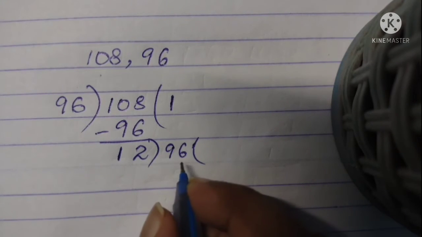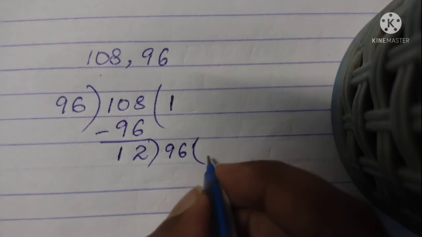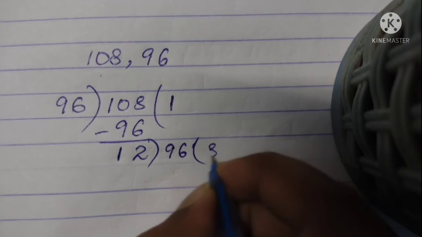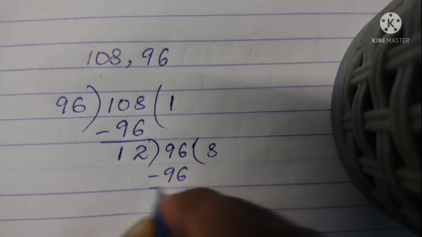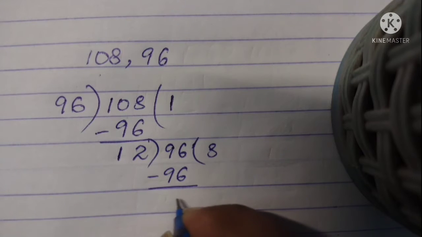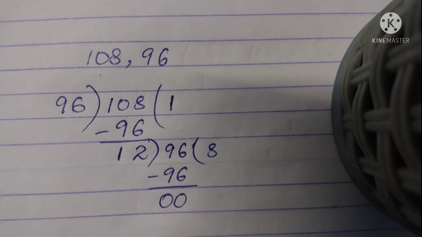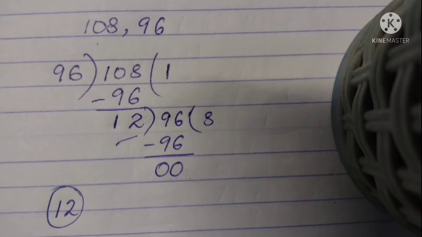So bring 96 in the dividend part. Now you know 12 into 8 is 96. So difference is 0. What is our last divisor? 12. So obviously 12 is the HCF of 108 and 96.